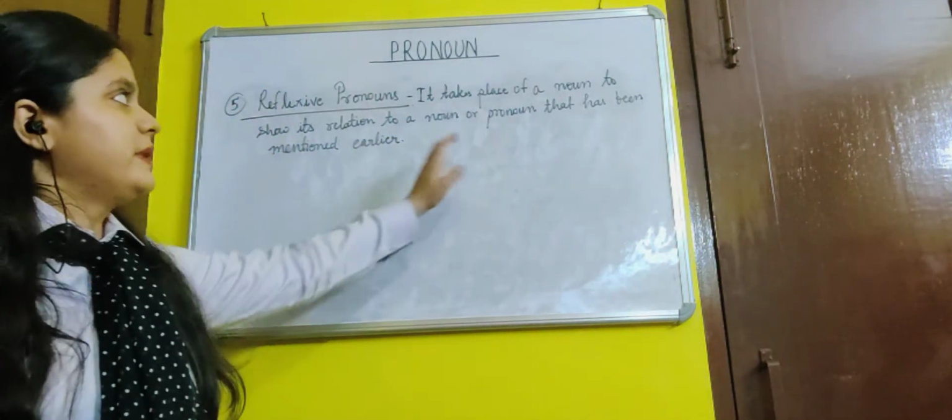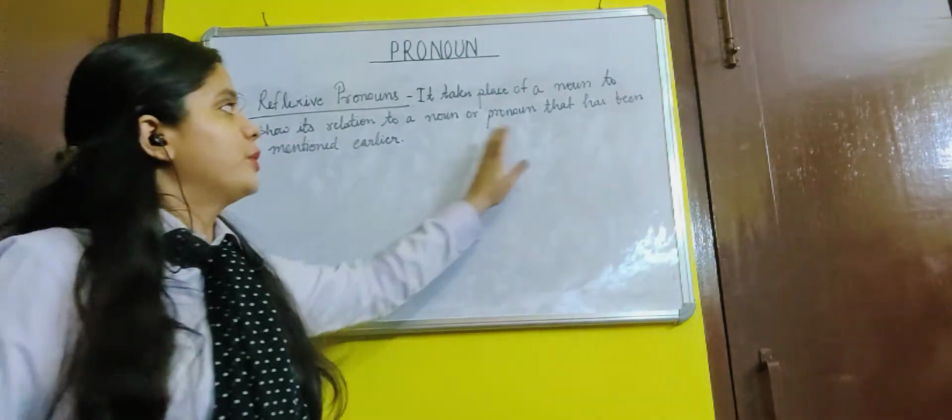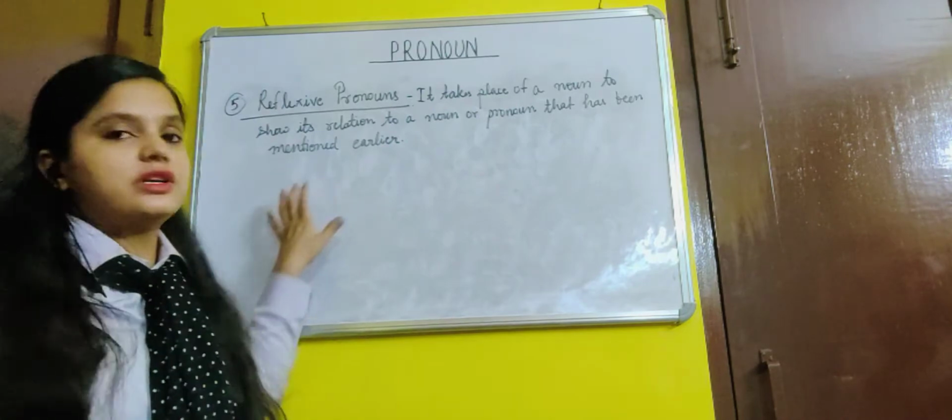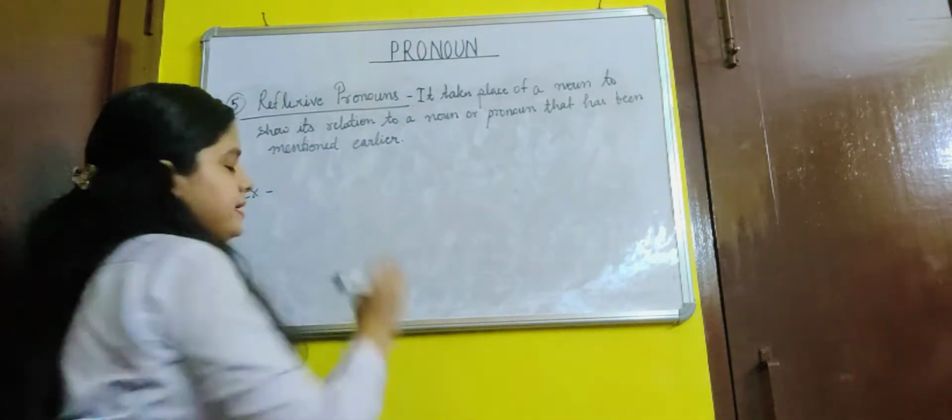So it takes the place of a noun to show its relation to a noun or pronoun that has been mentioned earlier. Okay, just try to understand by the example.